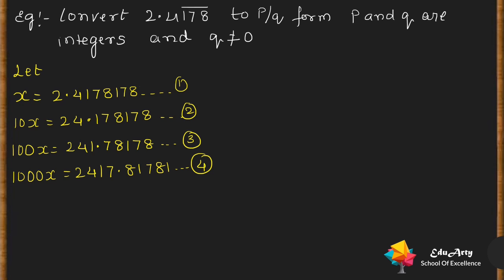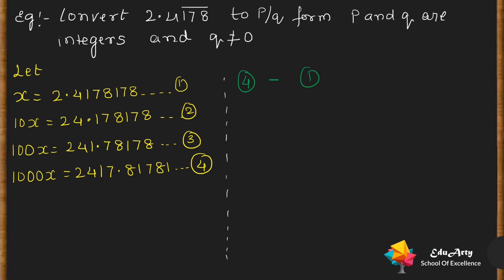Now this looks subtractable, correct? 7878, correct? Now 1 and 4, they look subtractable, check. 1 and 4, 1 and 4, so we can just start here, you can take it as subtracting 4. Okay, fourth statement minus first statement will give you your p by q form.